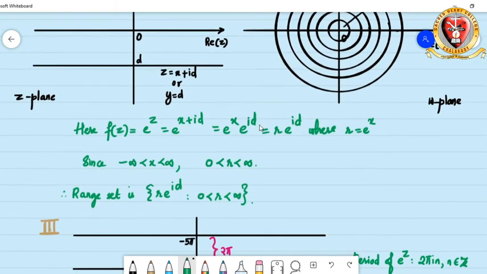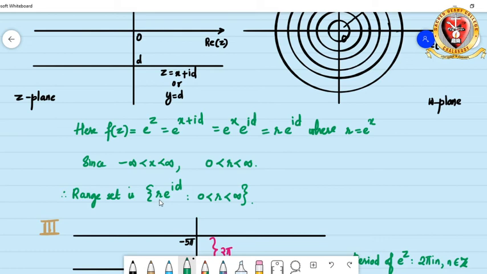Think about the working out part. f of z is equal to e raised to z, which is equal to e power x plus id, e power x into e power id, and let e power x be r. Since x is varying between minus infinity and infinity, and this is a real exponential function, it takes values strictly greater than 0 up to infinity. So here r will be in between 0 and infinity, strict inequality.